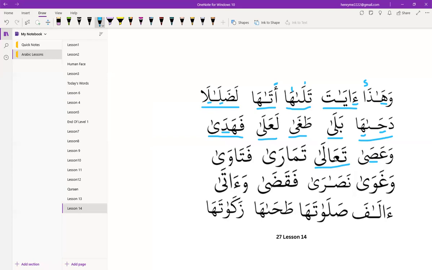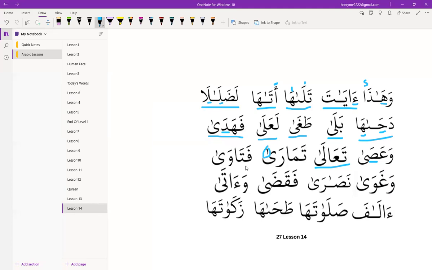The fatha on da'a will be doubled, as well as the la. Ta'ala, two of them. Tamara. Here we have the ma, and also the ra here, because of this alif on top of the ya.